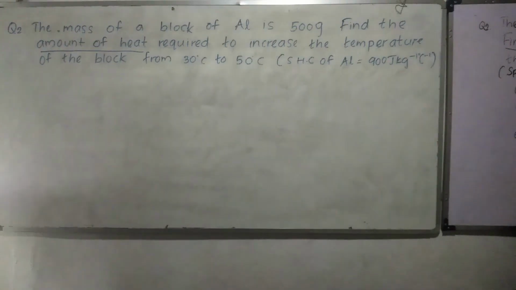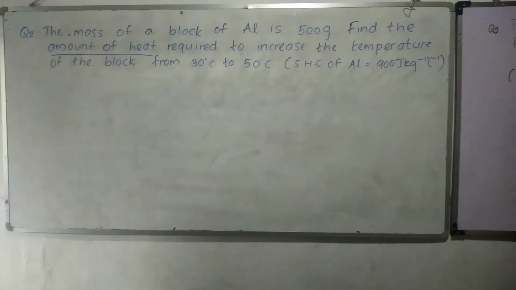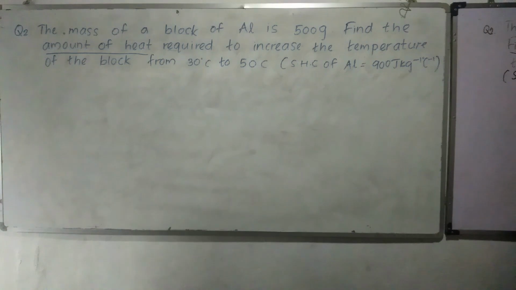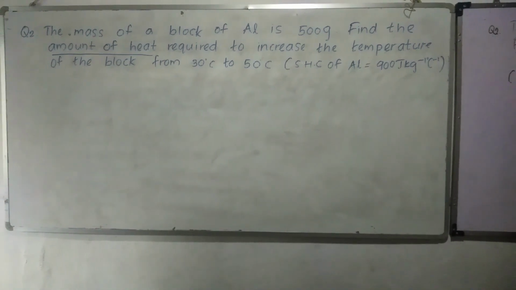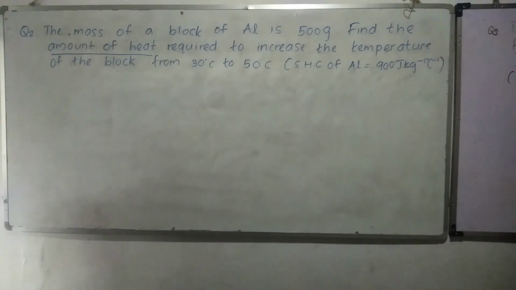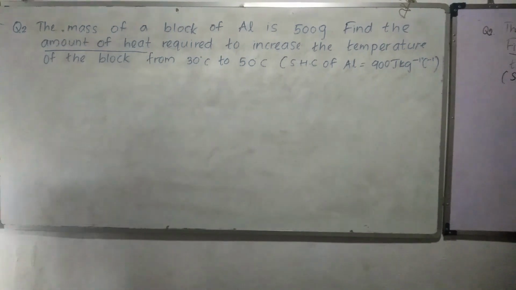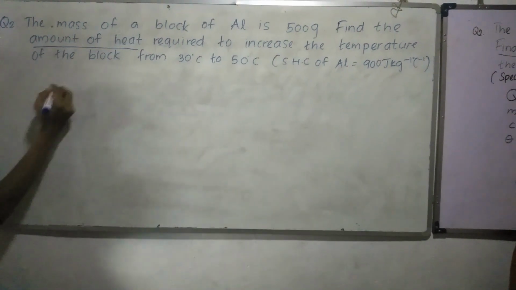Second question. The mass of a block of aluminium is 500 grams. Find the amount of heat required to increase the temperature of the block from 30 degrees Celsius to 50 degrees Celsius. Specific heat capacity of aluminium is given as 900 joules per kilogram per degree Celsius.